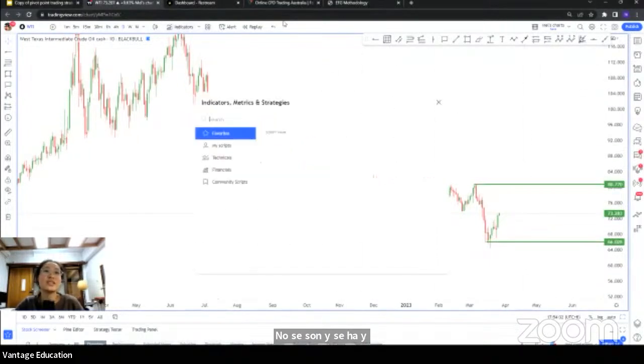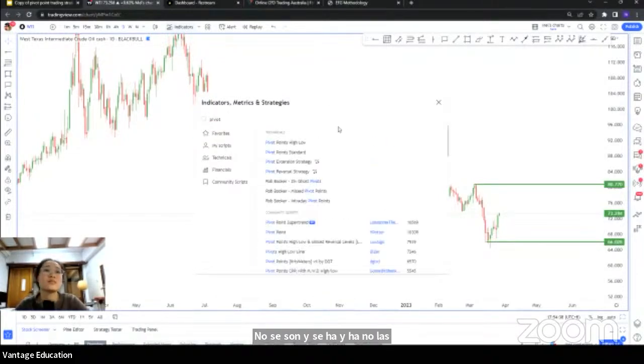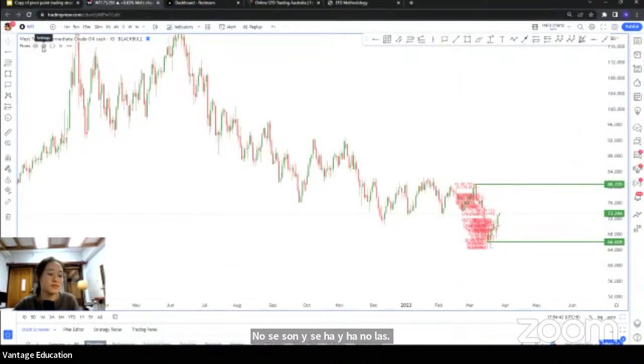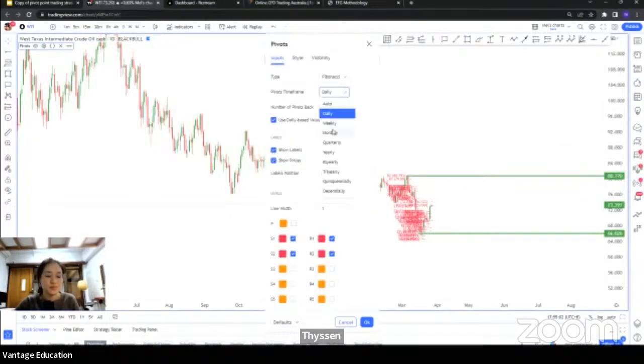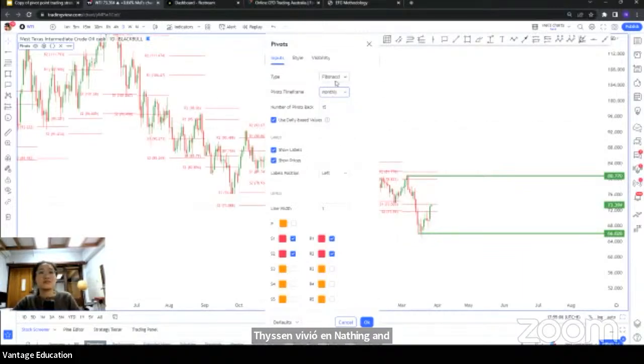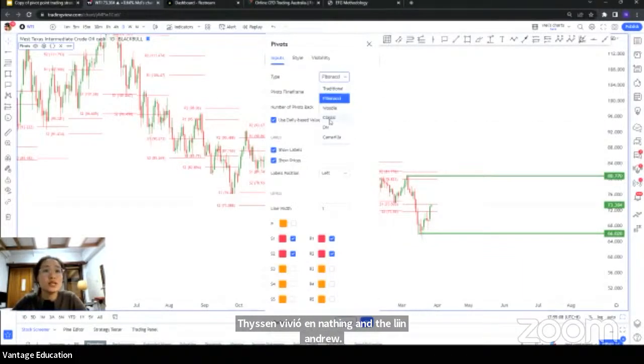Now let's pull out our indicators. Since we are analyzing on our daily time frame, we're gonna adjust this to be monthly. Let's do the classic first.